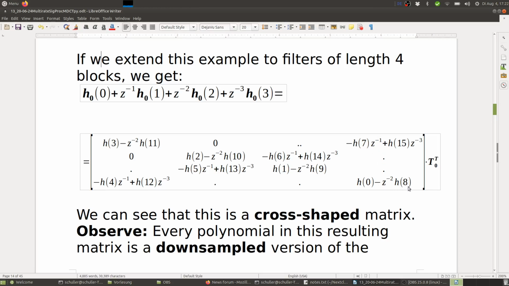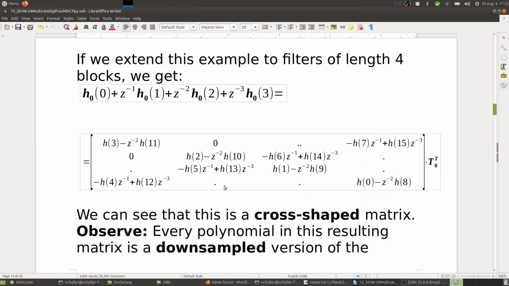Then we have h8 times z to the minus 2, again with a minus sign here, h9, h10, h11. And then we have h12 now with a plus sign times z to the minus 3 going up here. Right? So the reversal of the order of the h's means we always go from bottom to up.